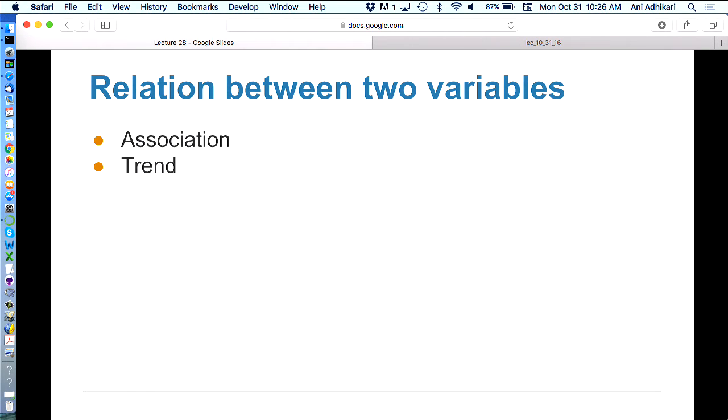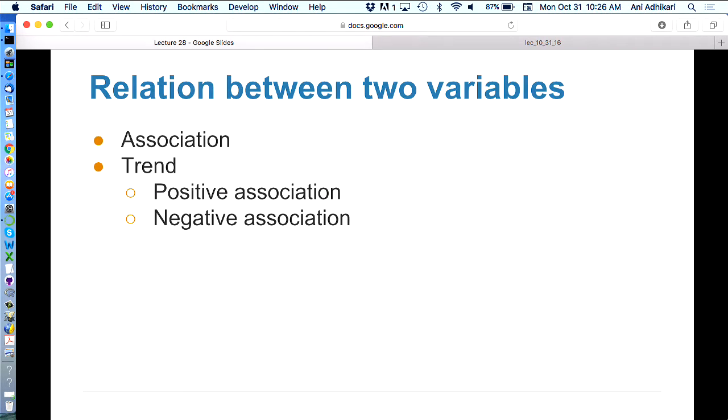A trend is when you see the scatter plot either in general going up or in general going down. And so you will remember positive and negative association corresponding to upwards trend and downwards trend. These are all old terms. I just want to bring them back because we're going to use them quite a lot today. A pattern is any shape to your scatter diagram.